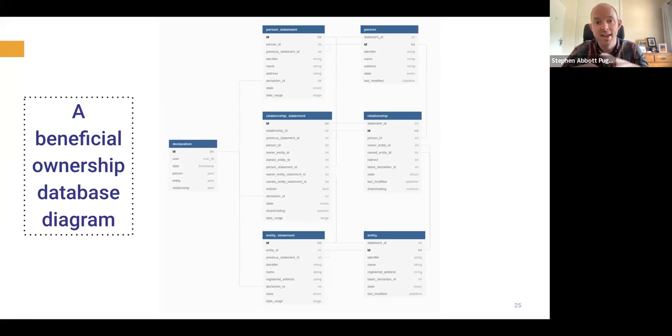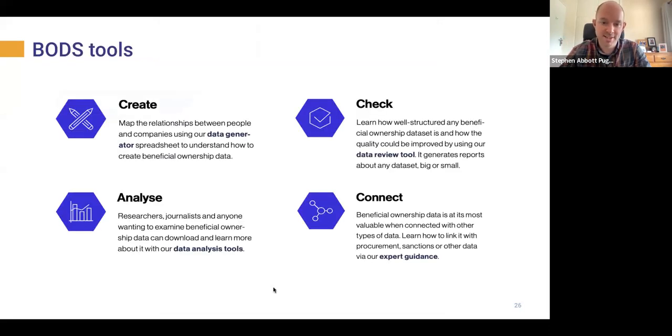This example here is fairly straightforward, but once you start to connect multiple statements to other statements, let's say this person in the person statement has a beneficial ownership interest in 10 companies, you can see how there's exponential growth in the amount of information you need to connect. This is why having better, higher quality structured data can be really beneficial when you want to do all the things that people want to do with beneficial ownership data.